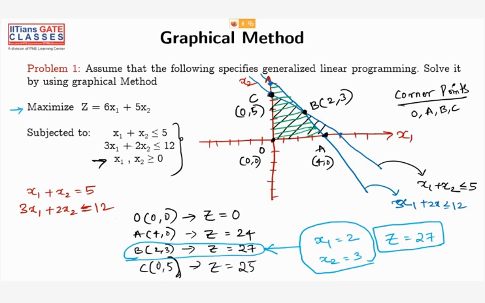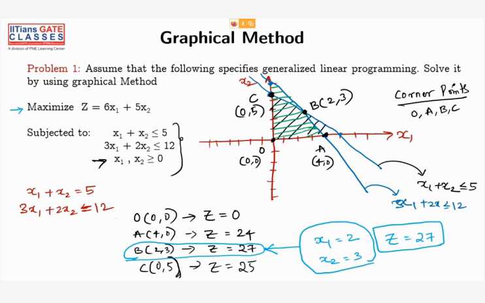First you plot these constraints onto a 2D graph, then shade it. See whether it is less than or equal to, or greater than or equal to. That makes it clear which side you have to shade. After shading, you have to find the common feasible region, which they also call the common shaded region. In the common feasible region, you identify the corner points.